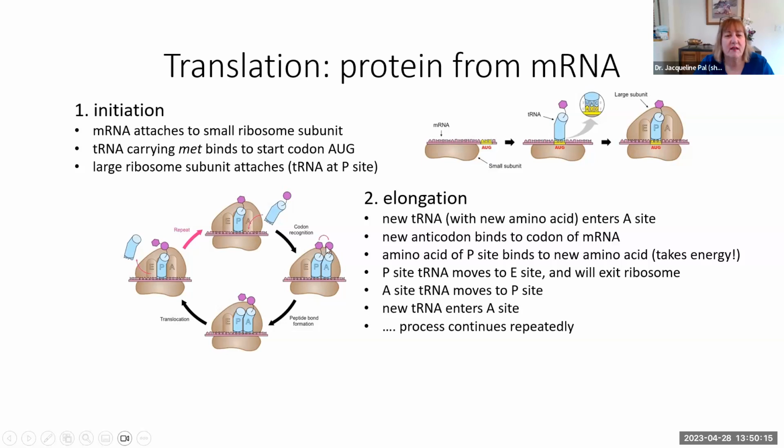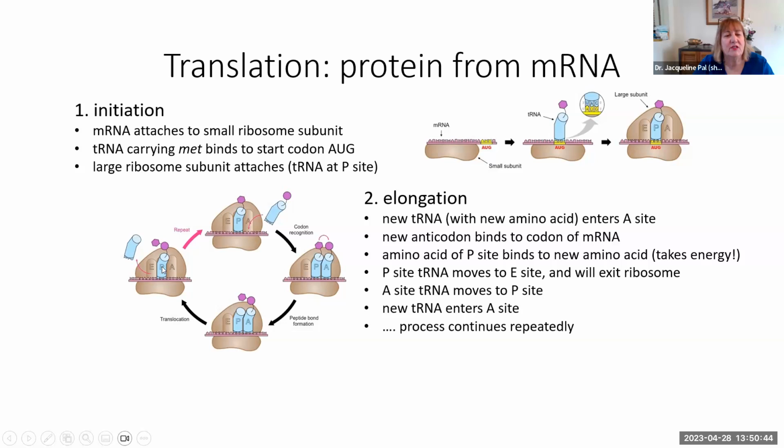Then we're going to have bonding between the lowest amino acid in the P site and the amino acid in the A site. And it will detach from the transfer RNA in the P site. And as you can see in this picture, it is attached to the one in the A site. That is the signal for the transfer RNA in the P site to move over to the E site and the one in the A site to move over to the P site.